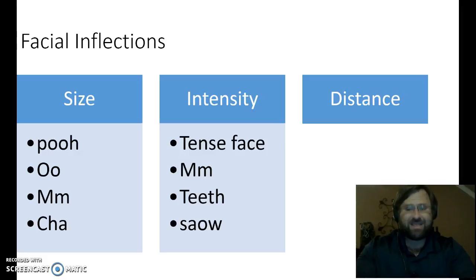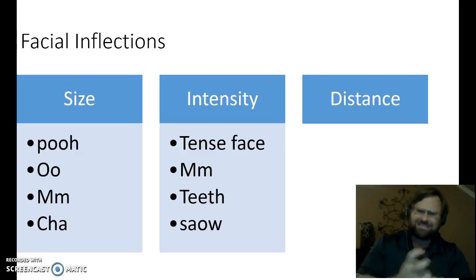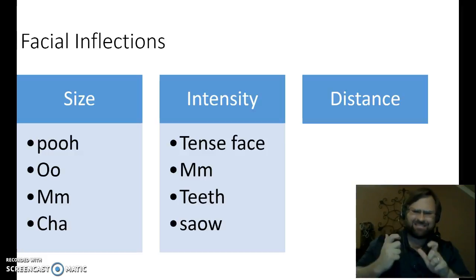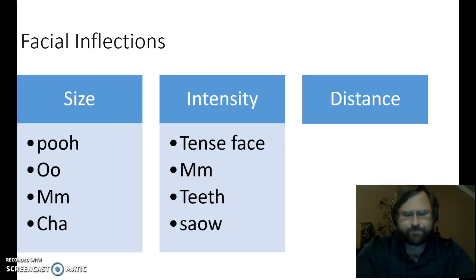The bared teeth illustrate that something is very intense. So if you want to say something is very hard or very fast, then the bared teeth do that. And then finally, sao indicates the highest level of intensity. It's difficult to express this in English, as oftentimes in English we simply revert to sort of a curse word to show this idea.